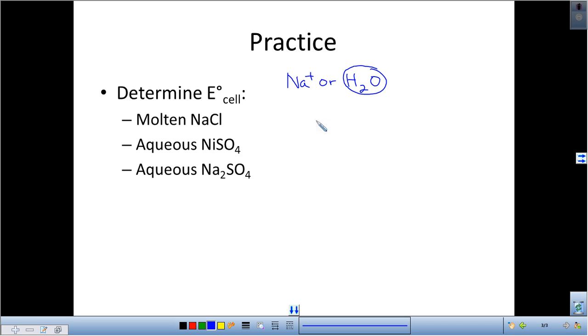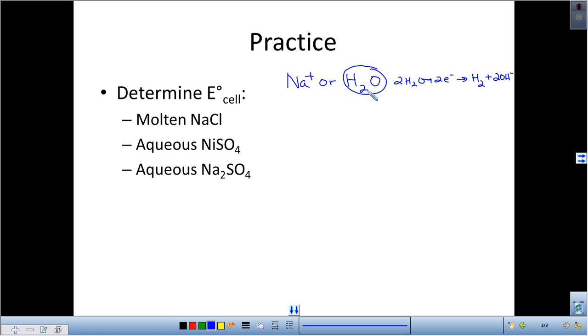So we're going to pick the water reaction, so we're going to write 2 H2O plus 2 electrons yields hydrogen gas and 2 OH minuses.